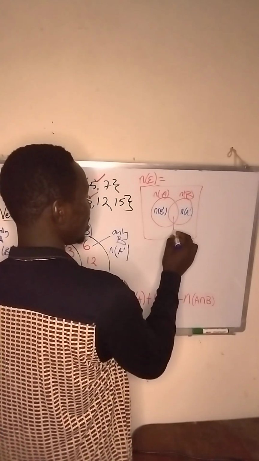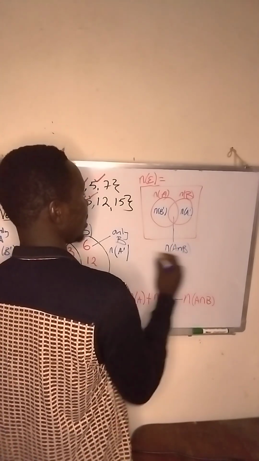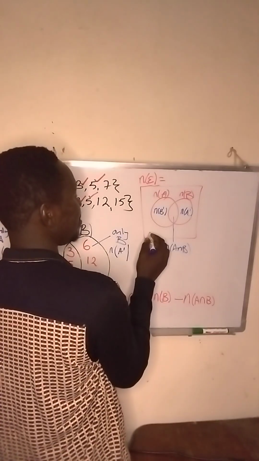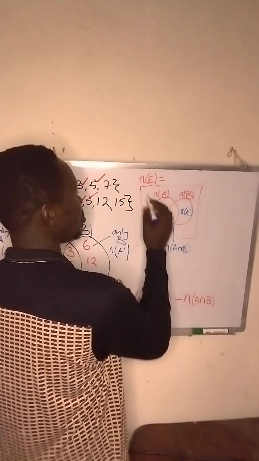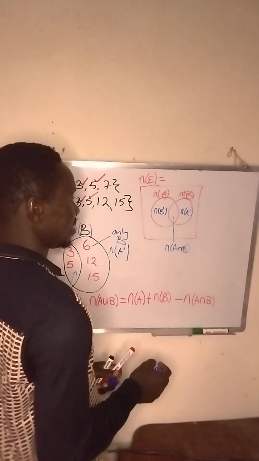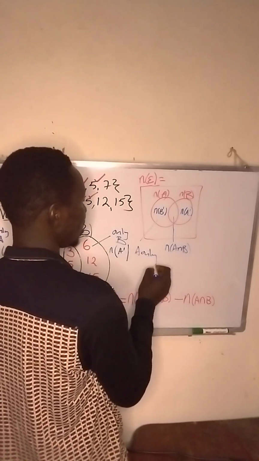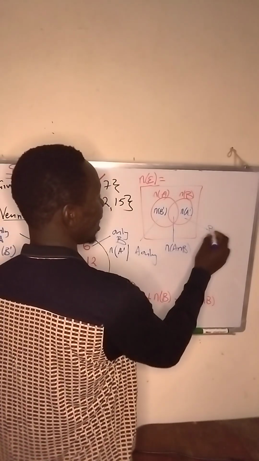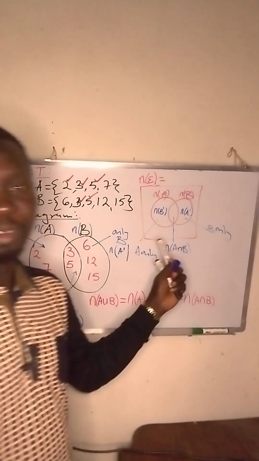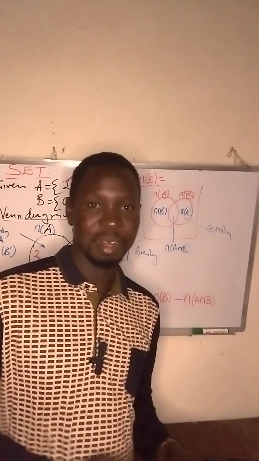This one is the number of A intersection B, and the members here are the union, which are found inside here. Those are the union set. Or here we can say this is A only, and this one is B only. That is how we can represent these sets on a Venn diagram.